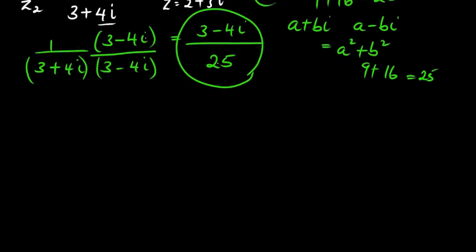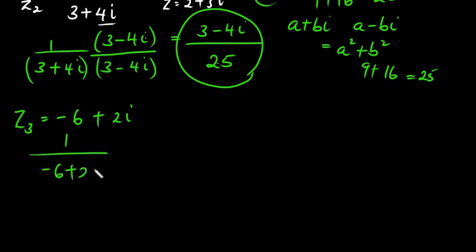Let's have another example. Let's say we have a complex number Z3 is negative 6 plus 2i. I want us to find the inverse of this complex number. The inverse is going to be 1 over negative 6 plus 2i.